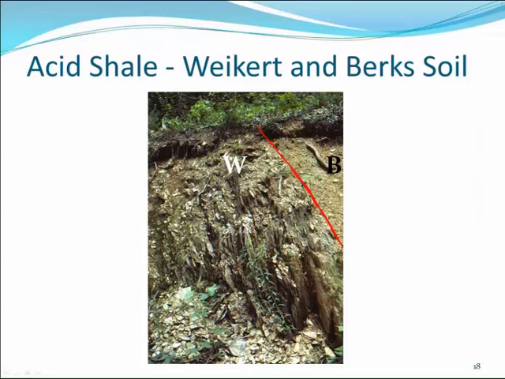Well, that actually means that it's easier for water to get down through these rocks and easier for roots to tap into the top of these rocks. Unfortunately, the rock itself is very infertile, and that's why, again, the vegetation is not very good on these two soils.